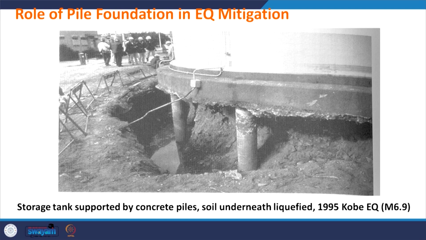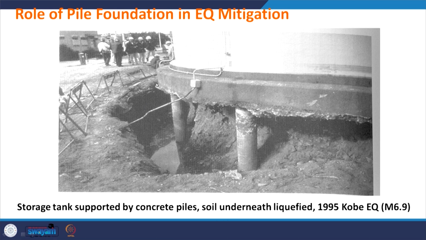In the next slide, it is from the Kobe earthquake of 1995 from Japan, which was with a magnitude of 6.9, and this is an oil storage tank. You could see this tank is founded on pile foundations, and the soil below this tank got liquefied.